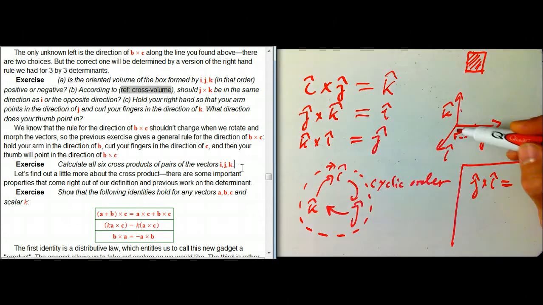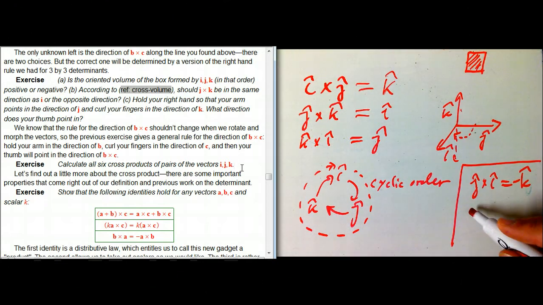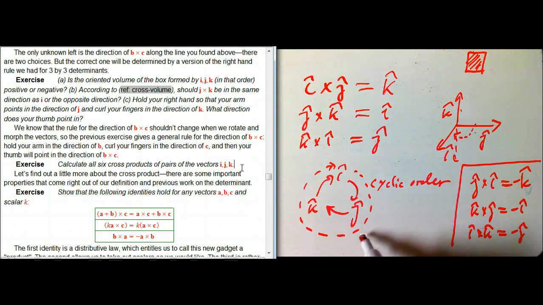But it turns out the thumb goes down this way. Minus k. Huh. So when you switch the order of two things in a cross product, at least in this example, it seems to give a minus sign. Well, you can convince yourself that k cross j is minus i, and i cross k is minus j. So when you go against cyclic order, you get the minus signs.